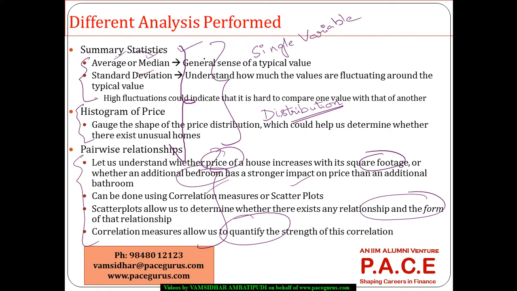And once we have some amount of information on the variables individually, we will try to look at the pairwise relationship, taking two different variables at a time. So we'll talk about different kinds of measures for doing that single variable analysis as well as the pairwise variable analysis. Right? So that's what we are going to look at as a starting point. So as I said, wherever possible, I'll try to do it in Excel. But in general, using a good statistical tool will really help us in simplifying the understanding process quite effectively.